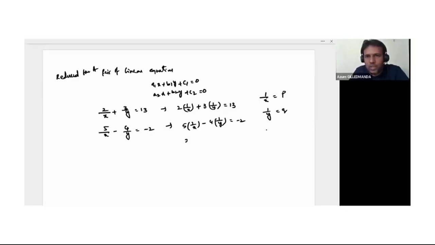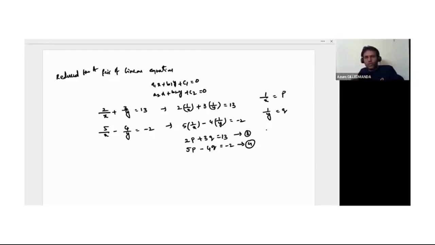The first equation transforms to 2p plus 3q equal to 13. And the second equation transforms to 5p minus 4q equal to minus 2. Let's say this is equation 3 and equation 4. So 1 by x I am replacing with p, and 1 by y I am replacing with q.